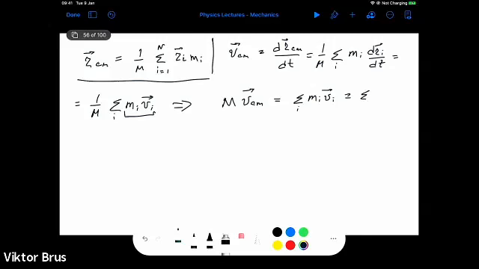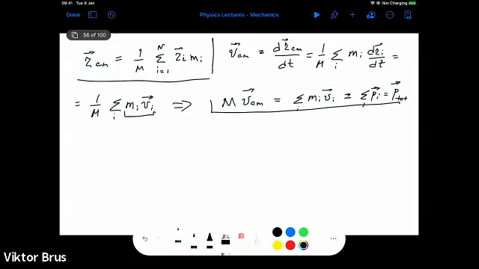And this is the sum of all linear momenta, Pi, then it is P total, like total momentum of all bodies of the system. Okay, so with this we agree.